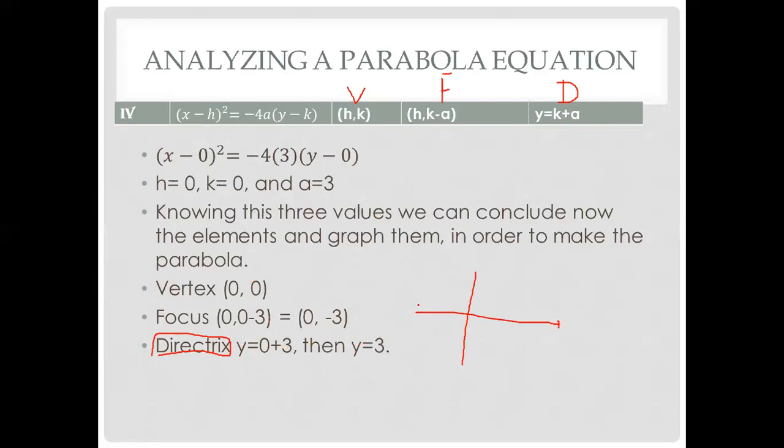I'm sorry, this is not exact, but it's just to explain what y equals 3 means. Y equals 3 is a horizontal line that passes through 3. What happens if you have y equals negative 4? It's going to be a horizontal line that passes through negative 4.